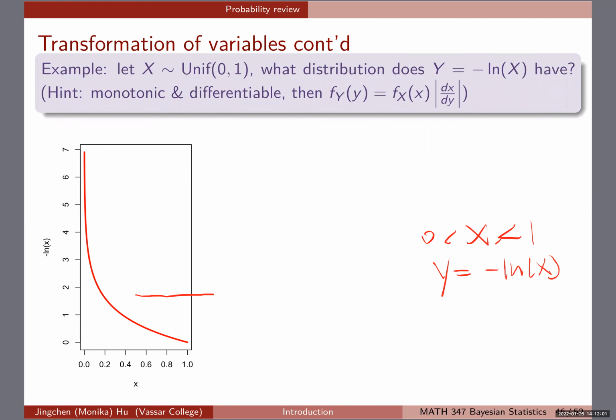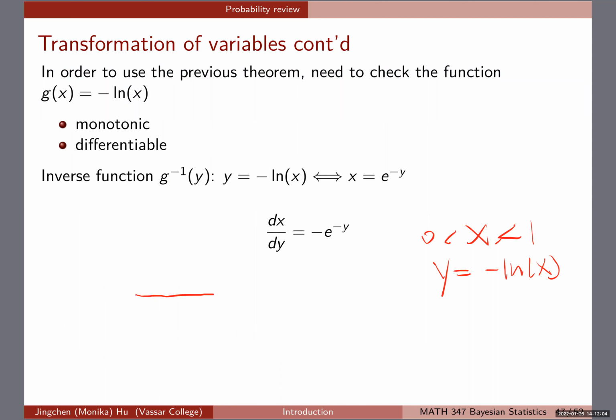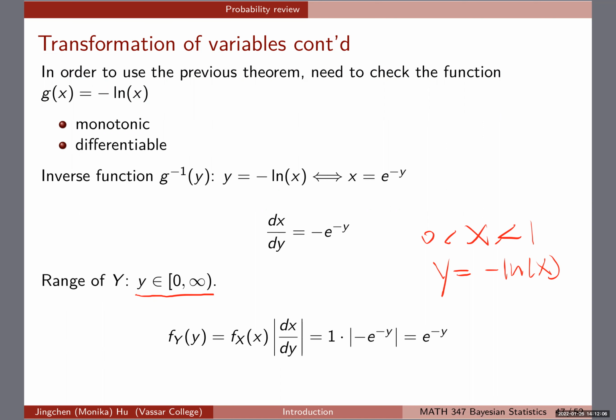So when you're working with this new random variable, for the PDF of it, you need to make sure that you know the range of y itself, which is everything non-negative over here. And then f(x), like I said, is the simpler case because it's always just going to be 1 in that range. So this whole thing becomes 1, and you take the absolute value of negative e to the negative y. So eventually, your f(y) just becomes e to the negative y.